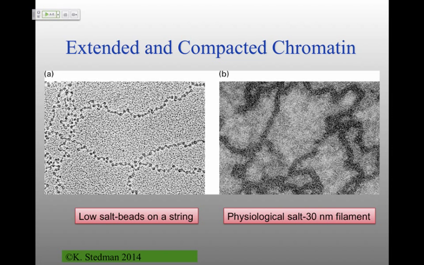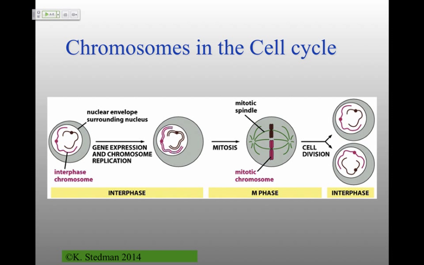And so we'll look at what we think that blob actually looks like as we move along. In the cell cycle, most of the time in interphase, you have this not ridiculously condensed DNA. These are interphase chromosomes. Most of these are going to be 30 nanometer filaments or some modification thereof.